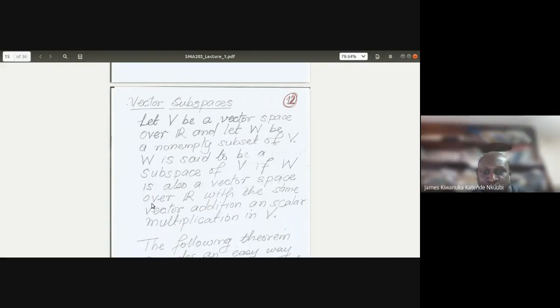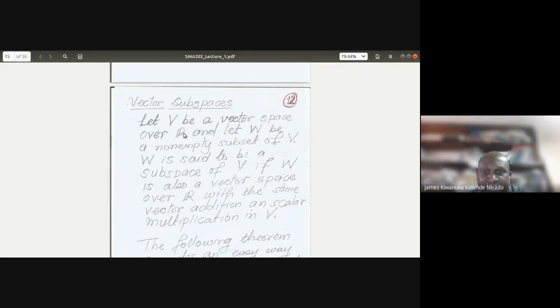So it's important that, given a subset of a vector space, we have some way of determining whether that subset is a subspace, right? One way of doing that is to pick the subset on its own and run through all the 10 properties and confirm that those properties are satisfied by the subset.